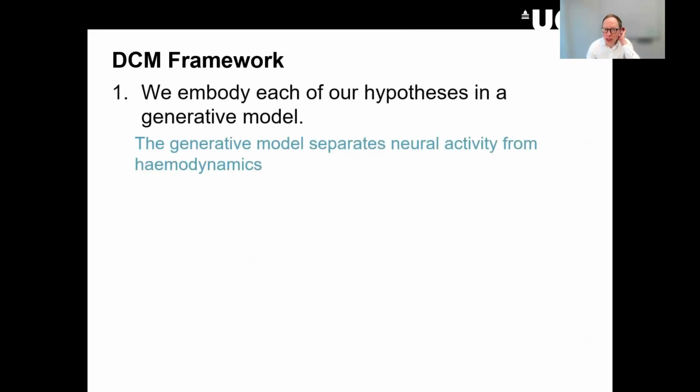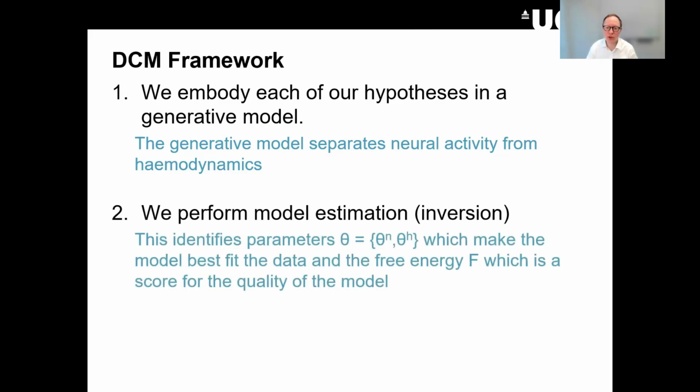So, to summarize this section, the DCM framework starts with embodying each hypothesis in a model, and you'll hear the word generative model. Generative model just means that the model generates or simulates the data that you'd expect to see if the model was correct. And importantly, that model separates neural activity from hemodynamics from noise. We then perform a model estimation or inversion that gives us two useful outputs: the parameters of the model, actually the probability distribution over the parameters.